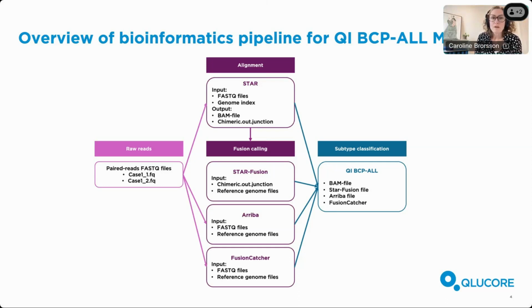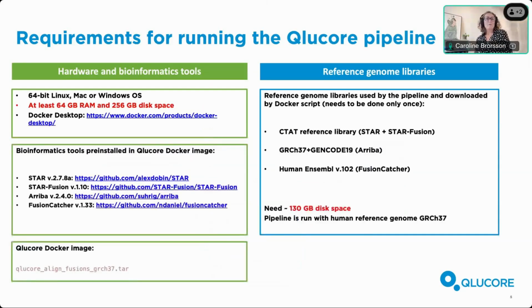Once the pipeline is run, we collect the BAM file and the output files from the three fusion callers as input to our Qlucore Insights model for subtype classification and gene fusion detection. I will go into more detail, but as I said, it can be challenging to run these tools, so we have set up a pipeline.